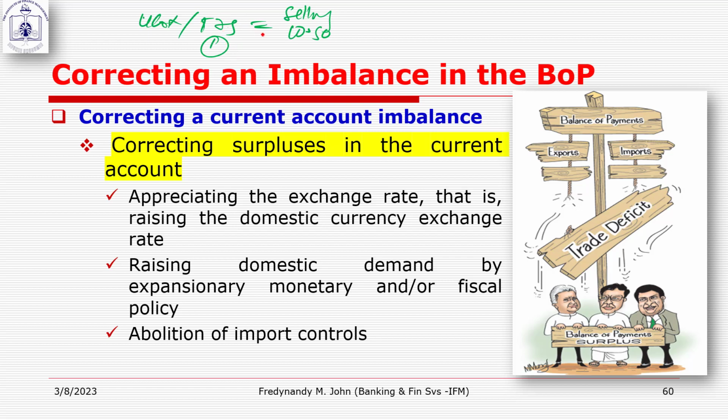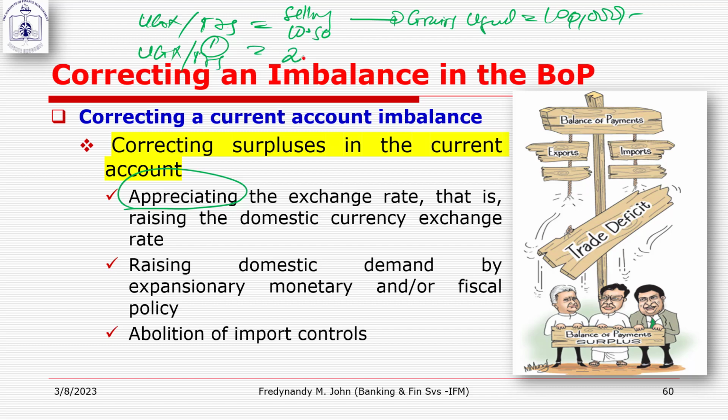Now, if at this exchange rate, the level of exports of some grains to Uganda was, let's say, 100,000 tons per month, and the value of the Tanzanian shilling is increased, so it has appreciated to the extent that now the exchange rate is 20 Ugandan shillings for a single Tanzanian shilling.